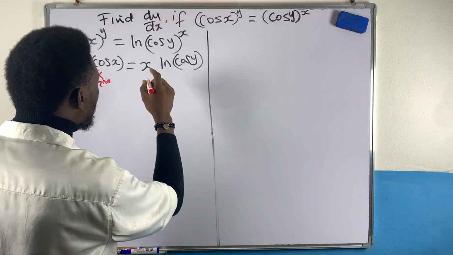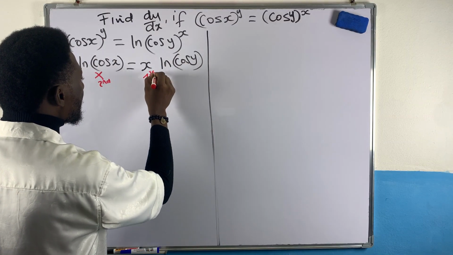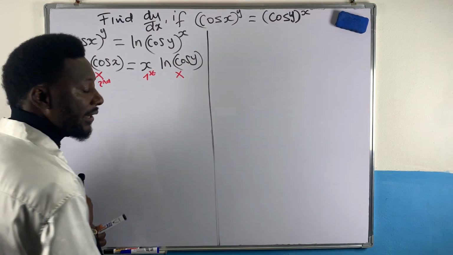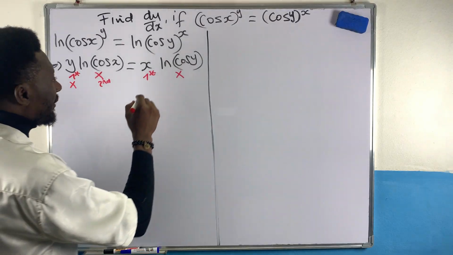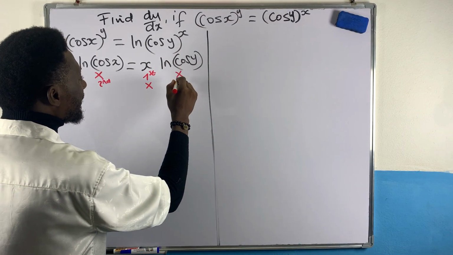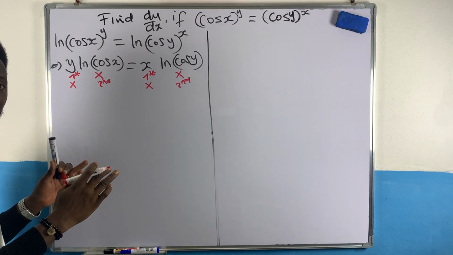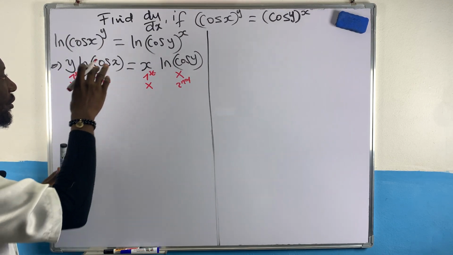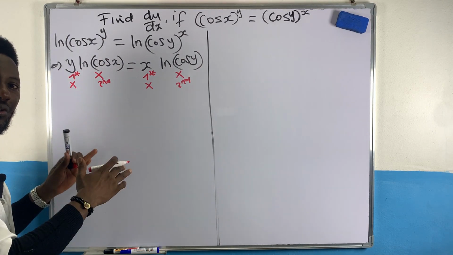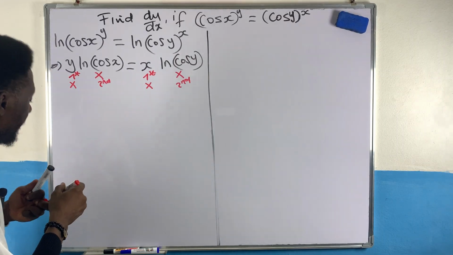I will do the same here: differentiate x first, keep ln cos y without differentiating, then keep x and differentiate ln cos y second. So that is applying the product rule. There's no need for substitution. You can just apply the product rule directly in order to gain time.